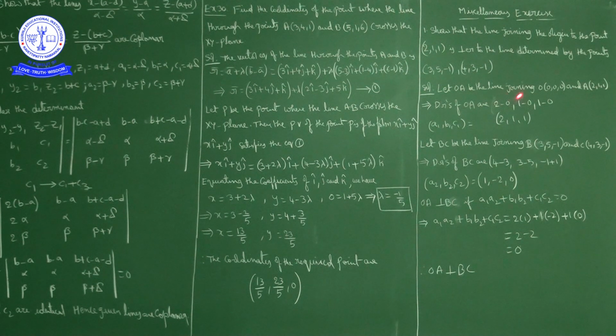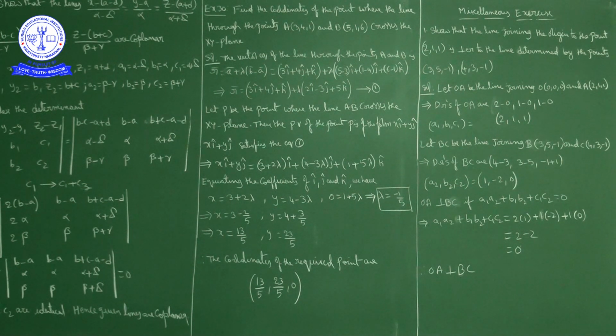Let OA be the line joining the origin O (0, 0, 0) and the given point A (2, 1, 1). Now first of all, the direction ratios of OA. How do we get direction ratios? When you have 2 points, point minus point always gives direction ratios. So the direction ratios of OA are 2 minus 0, 1 minus 0, 1 minus 0, nothing but 2, 1, 1. I'll consider these as A1, B1, C1. So A1, B1, C1 is 2, 1, 1.